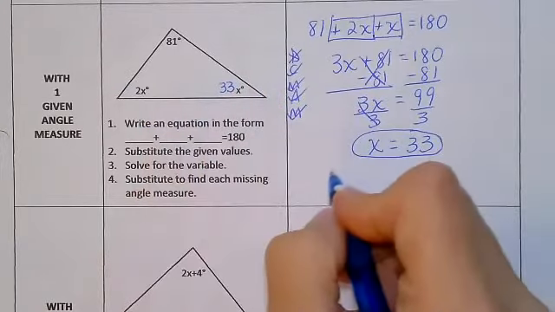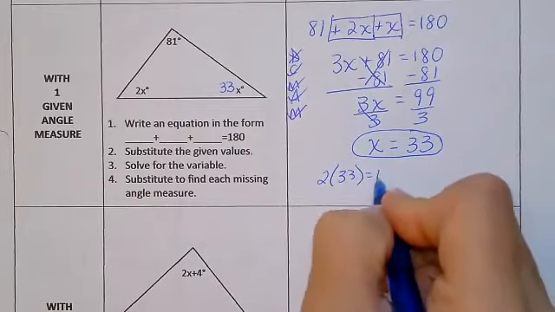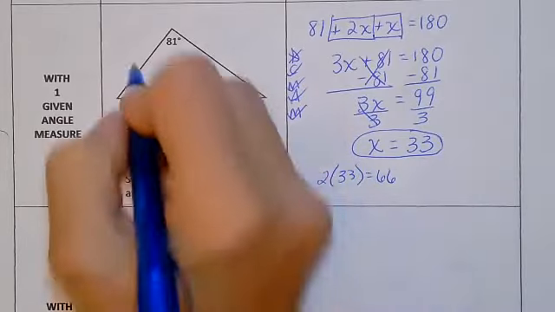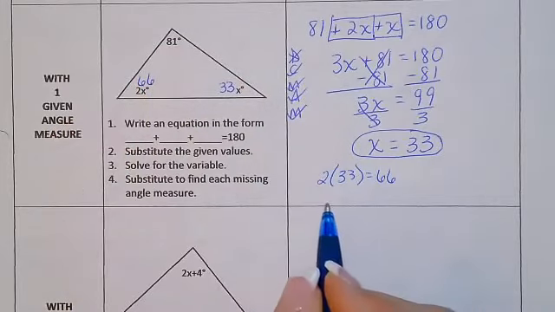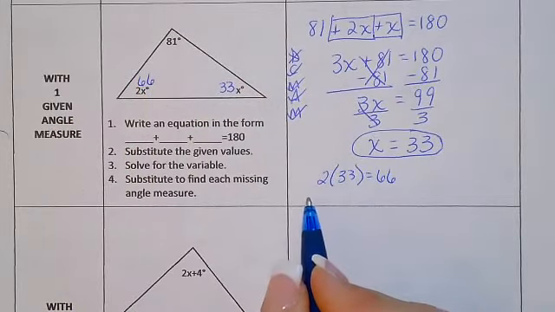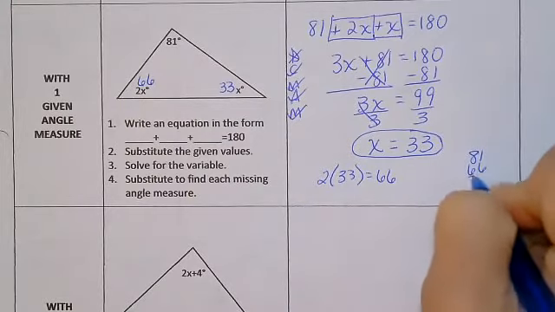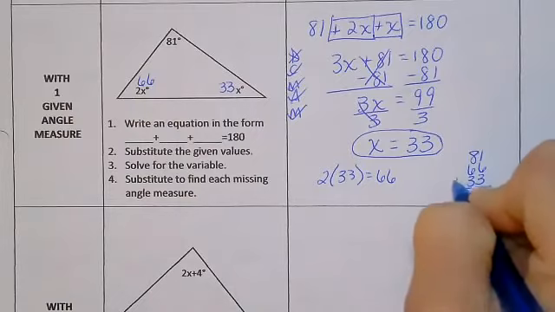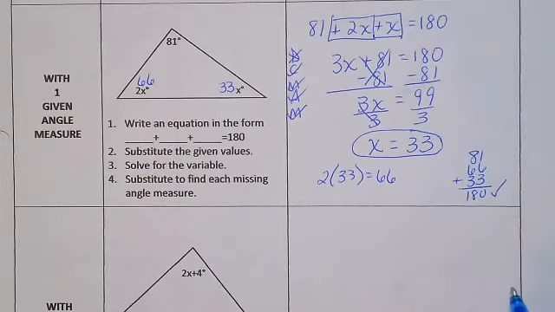The other angle is 2 times x, so it equals 66 degrees. Again, to check, we're going to add all 3 together and make sure that we get 180, and we do.